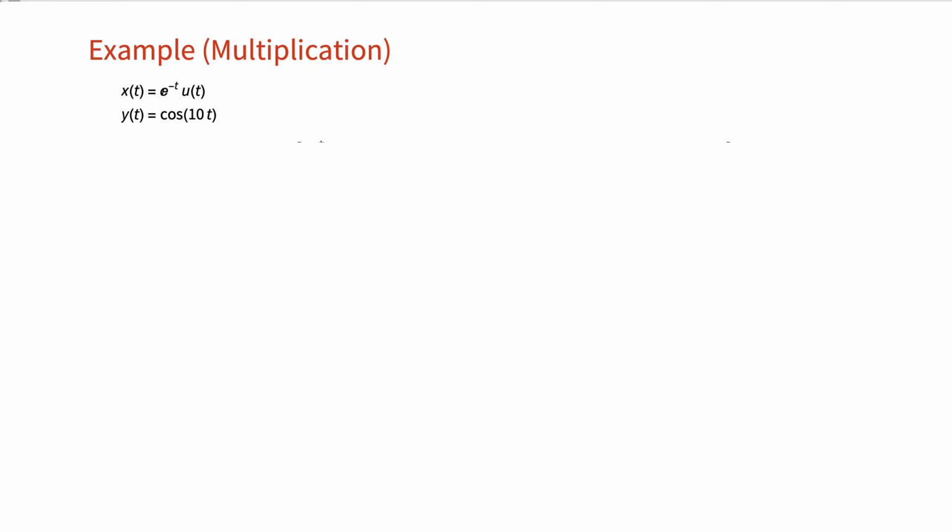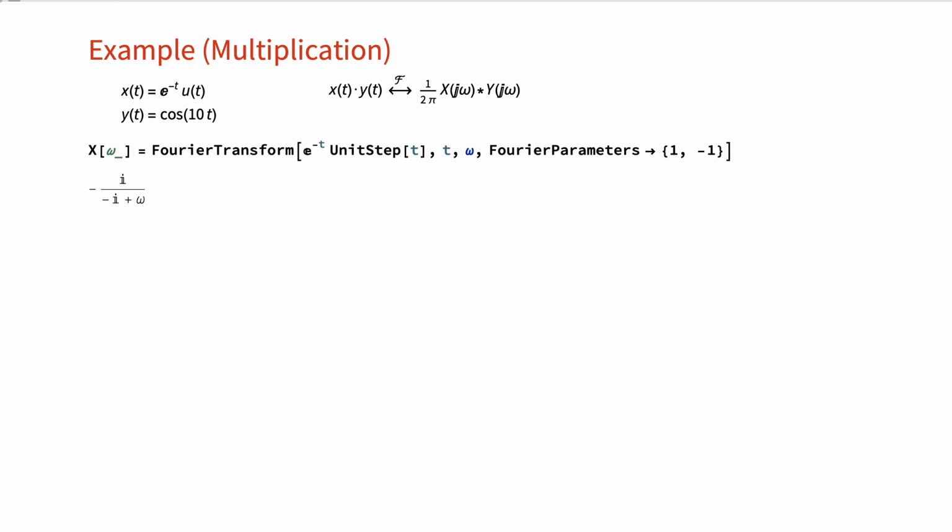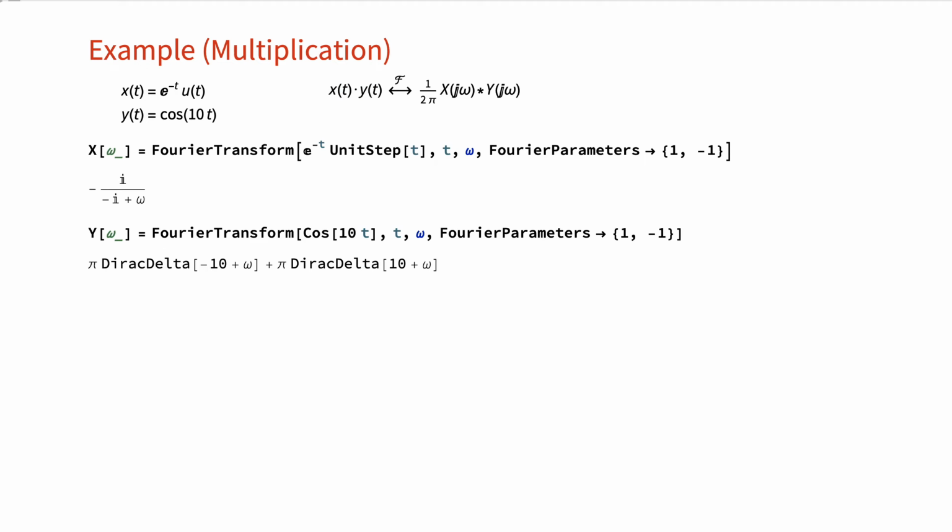Consider two signals x of t and y of t as shown here. We would like to use the multiplication in time property of the Fourier transform to obtain the Fourier transform of the product of these two signals. Let's first find the Fourier transform of x of t, x of omega, and the Fourier transform of y of t, y of omega.